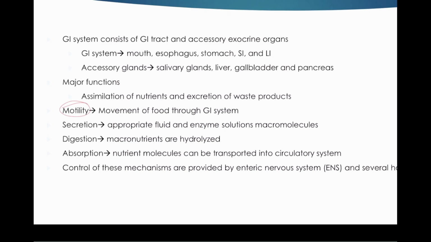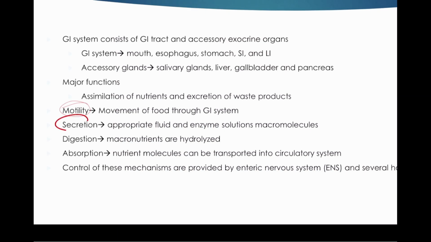If the food goes too fast, you don't have enough time for absorption to occur. We call it absorption here because this is the first time we are absorbing these nutrients. In the kidneys, it's reabsorption because we've already absorbed them from the environment. And in the kidneys, we're just going to reabsorb them back into the system when they got pushed into the filtrate.